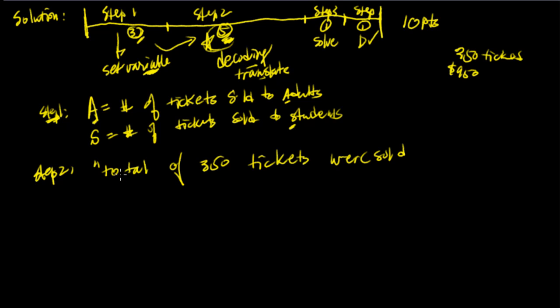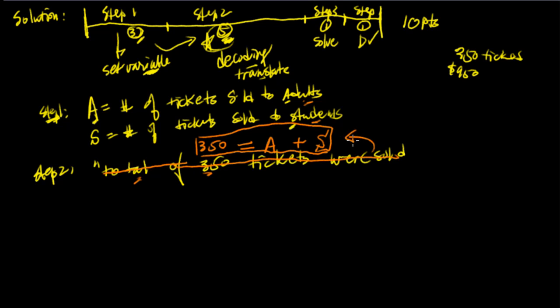We're literally translating. Total of 350 tickets means 350 is equal to the number of tickets we sold to adults, right over here, plus the number of tickets sold to students. And this becomes our first equation.